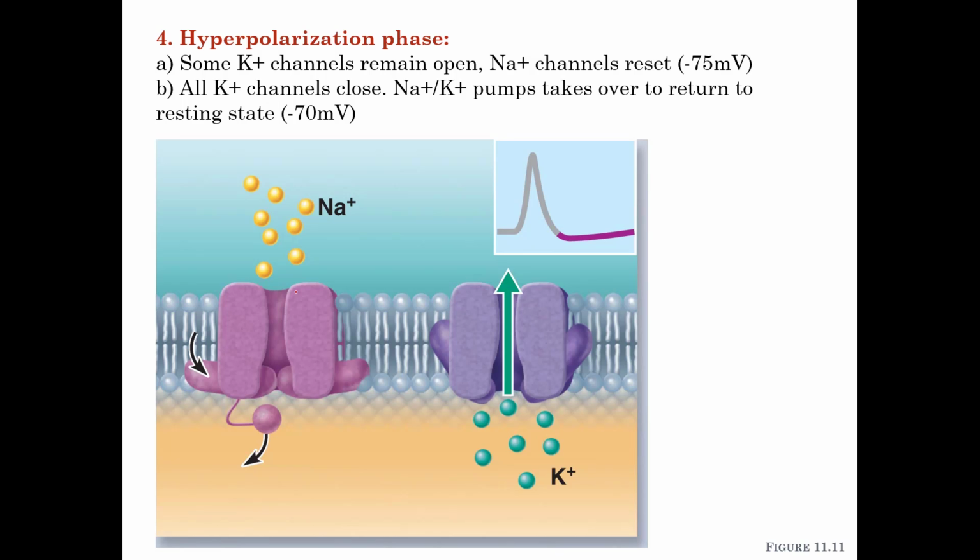In addition, we have to get those sodium ions and the potassium ions back to the correct sides of the cell membrane, and so the sodium-potassium pumps have to take over in order to return back to resting state. At this point, this portion of the cell membrane is now able to respond to another action potential.